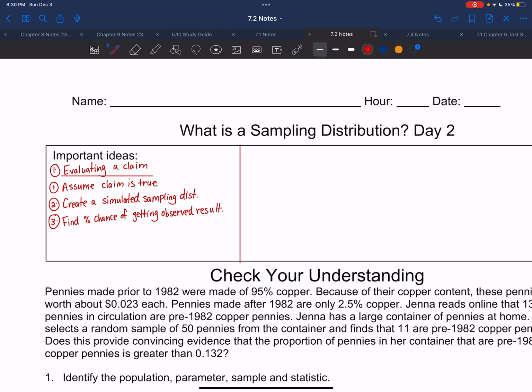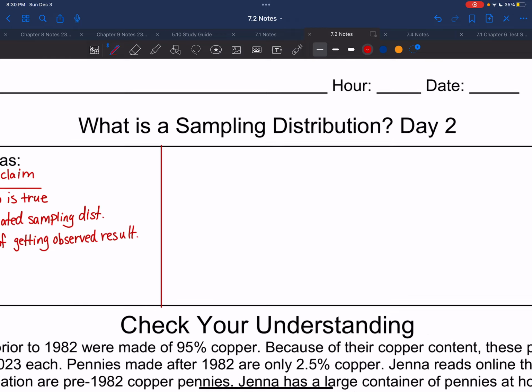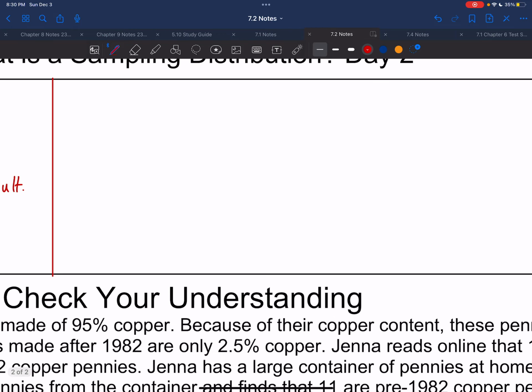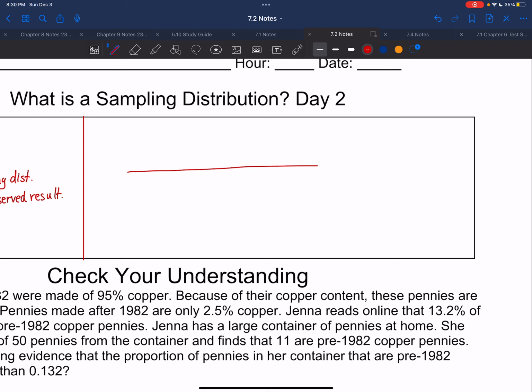The other thing that I want to point out is, if you're looking at this graph here, let's just say we have dots looking kind of like this. I'm just going to make a dot plot here.